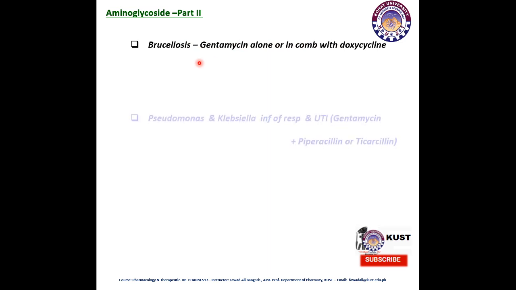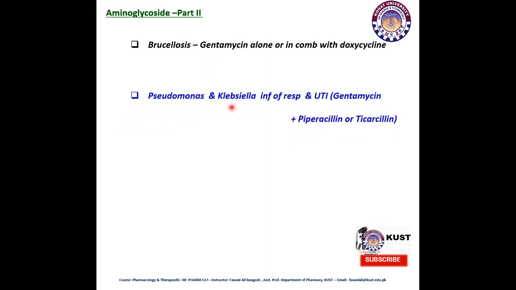Pseudomonas and Klebsiella infection of respiratory tract and UTI: gentamicin plus piperacillin or ticarcillin is normally prescribed. 5 to 6 milligram per kg per day IM or IV in a single or divided dose is normally prescribed.